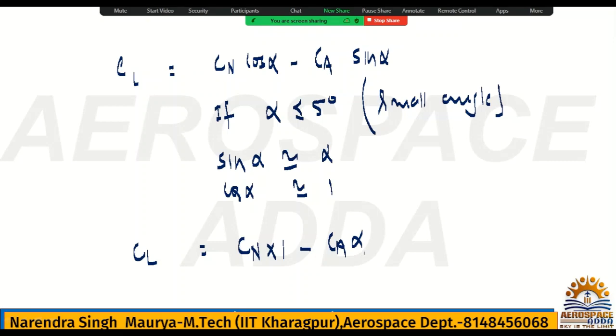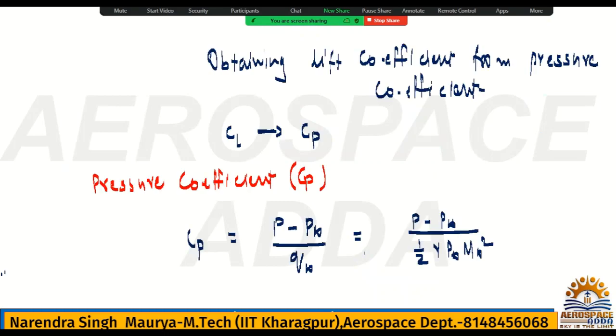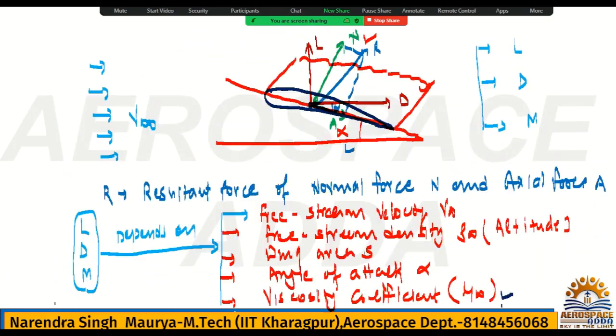Generally, if you go for the value of axial force, compared to normal, axial is very small. Even the vector representation I have shown here indicates that compared to this N, this A is very small, meaning the axial force compared to the normal force is comparatively less.